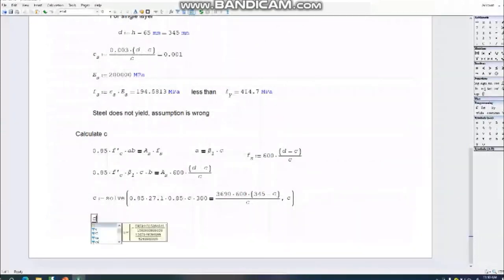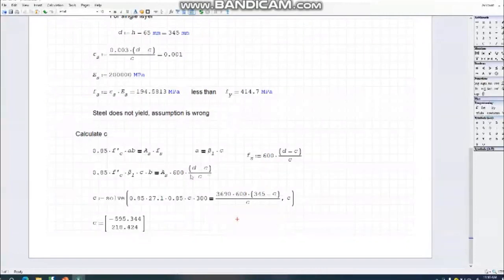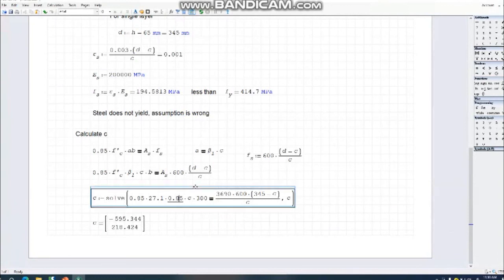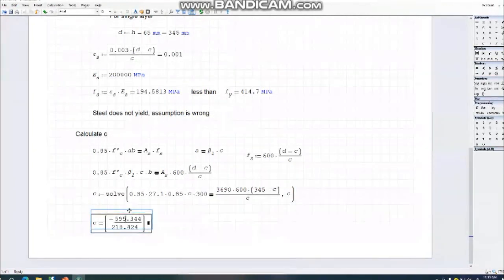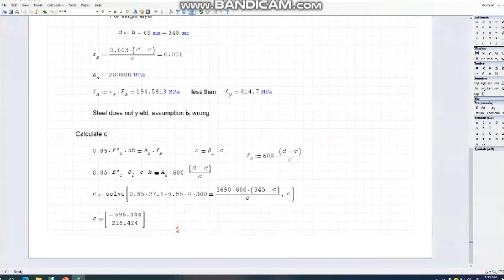Again, I have two roots here, since it is a quadratic equation, one negative and one positive value. Since we are dealing with real-world structures, there is no negative dimension. Instead, we use the positive value.